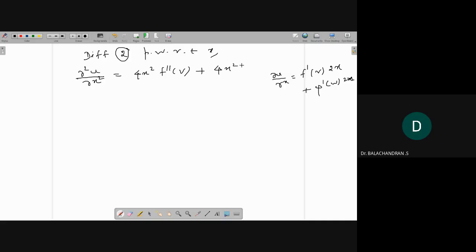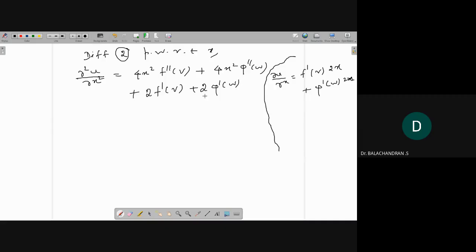You told two terms, you still need to tell two more terms. Correct. Plus 2 into f dash of v, plus 2 into phi dash of w. Okay, thank you both.